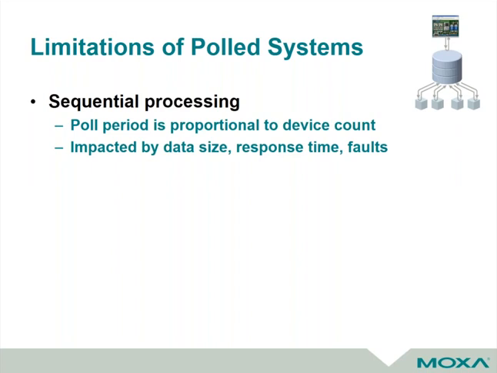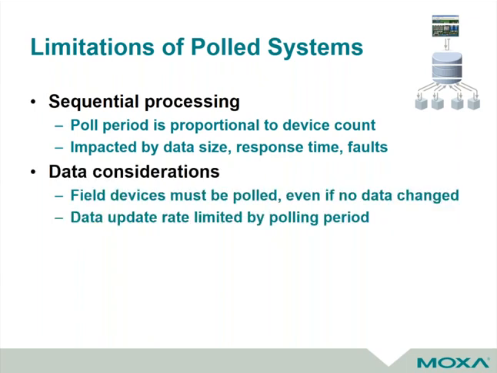So you've got to design your system carefully and plan for the future to make sure you can get the response time you want, because updating the data values at your central site depends upon how quickly you can get to all those field devices. Things like how many devices you're connecting with, how much data you pull, the response time, and communication faults all take some time.